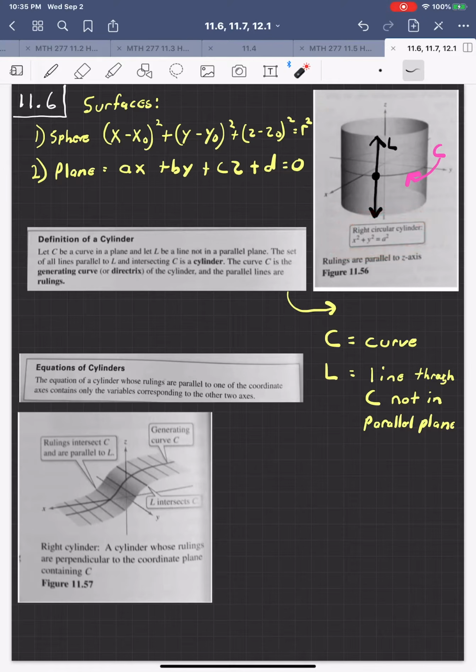I want you to understand that there are only two variables in cylindrical surfaces. In this particular one, there's an x variable and a y variable. The a is not a variable.